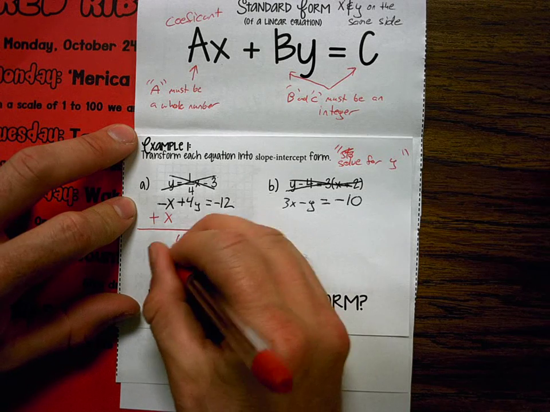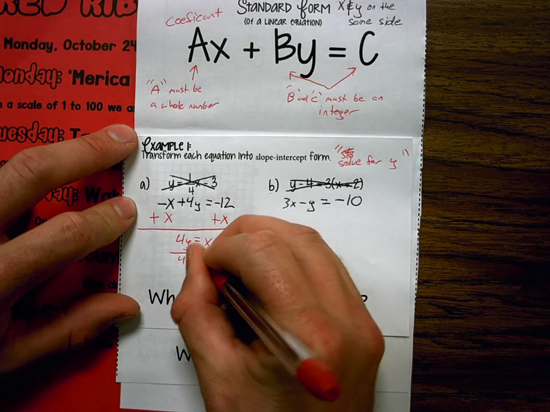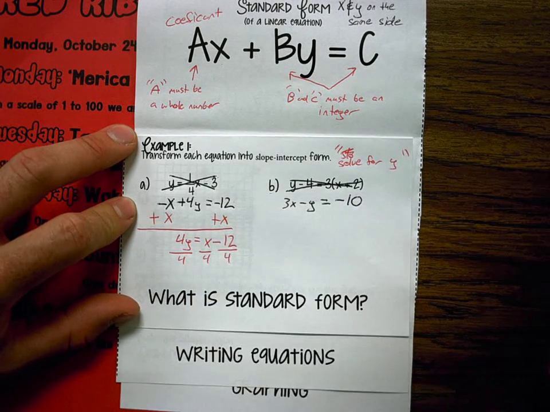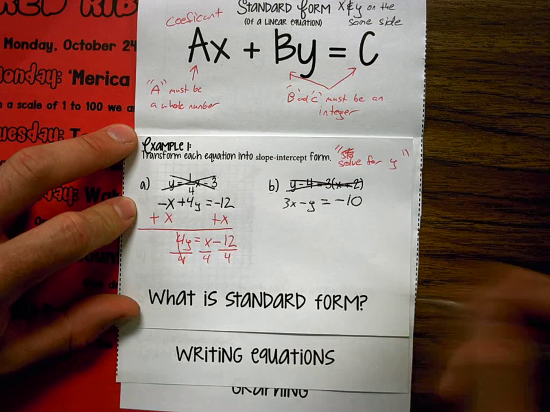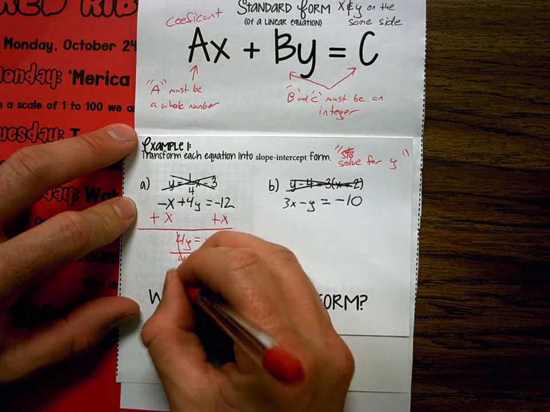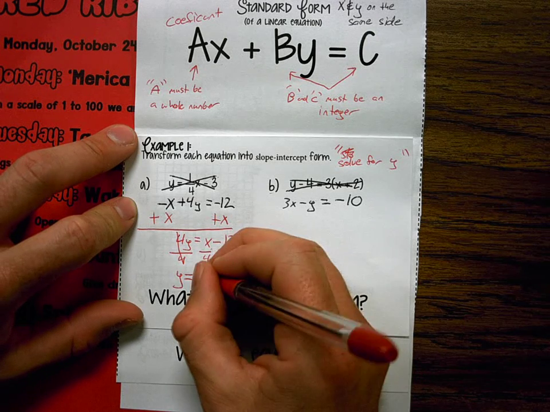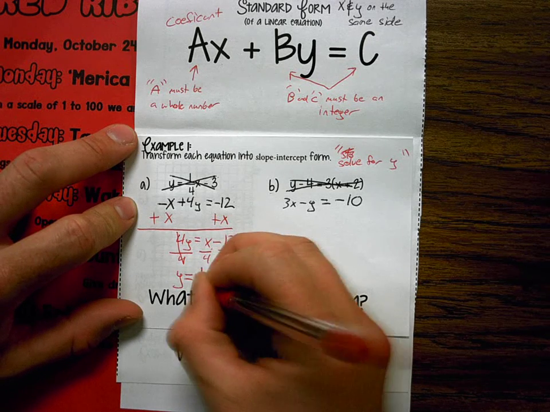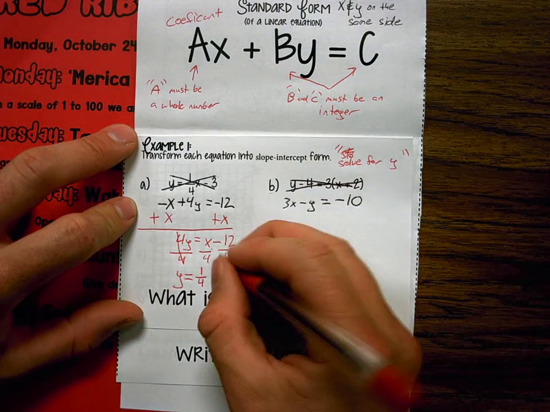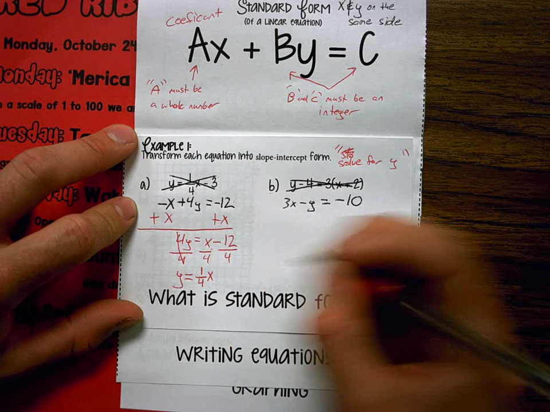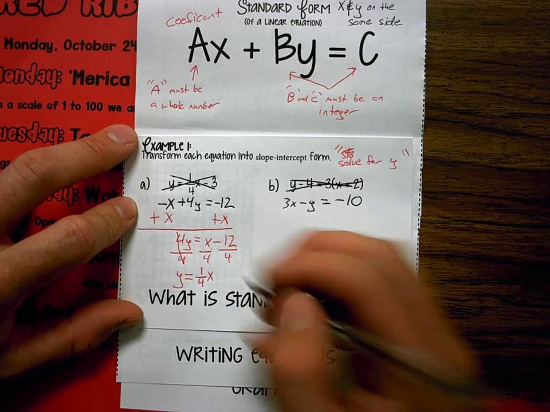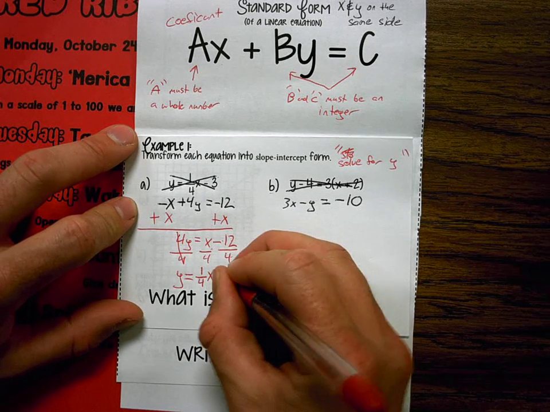Divide by 4 on both sides. Fours cancel. Okay, x over 4 is a fraction. That fraction is 1/4 x, and negative 12 divided by 4 is negative 3.